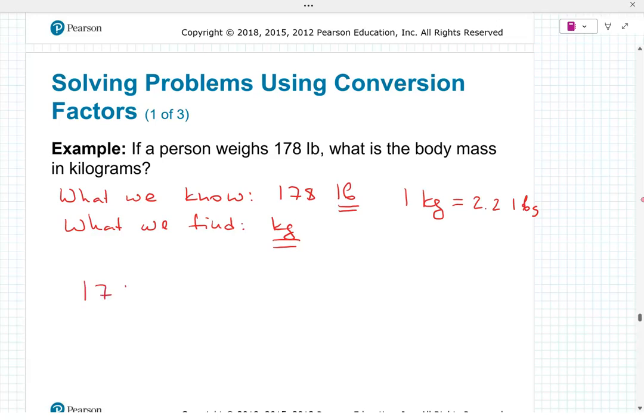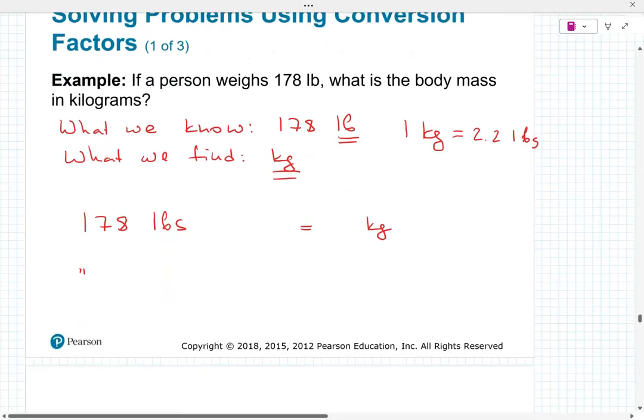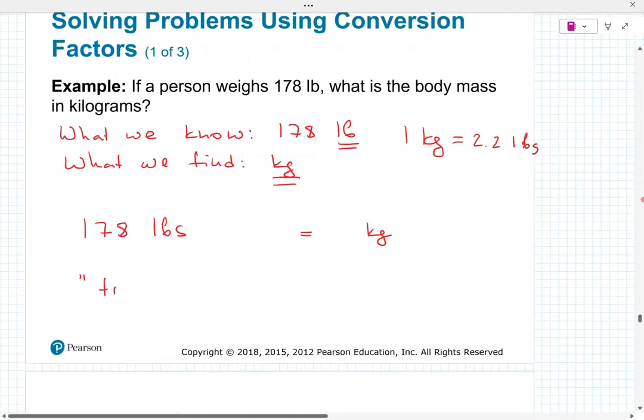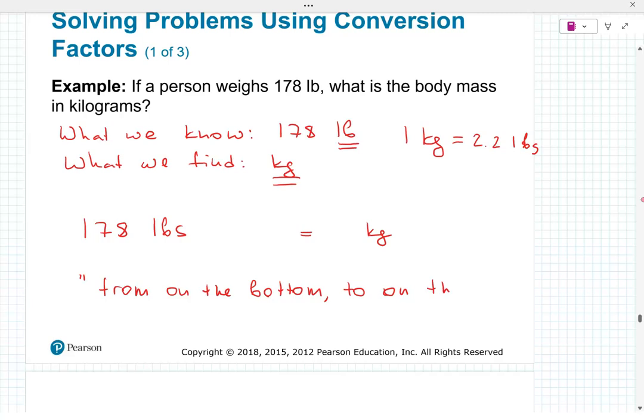Now remember, we need to go from pounds to kilograms. Okay? All good? Mnemonic rule that I usually provide. It's not even a rule, it's just a saying that kind of sticks. From on the bottom to on the top.